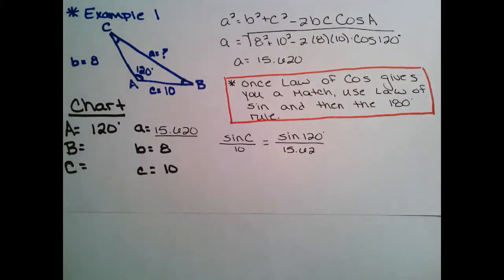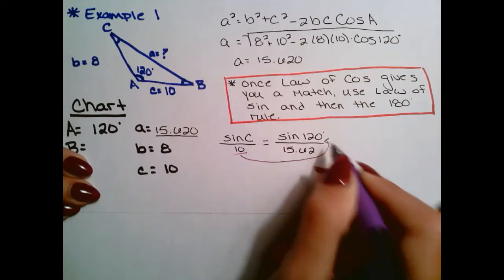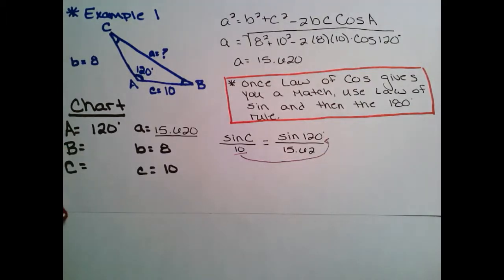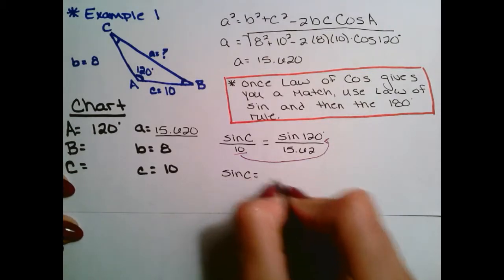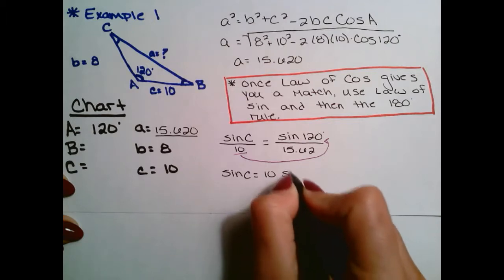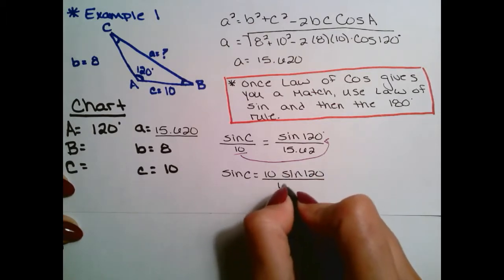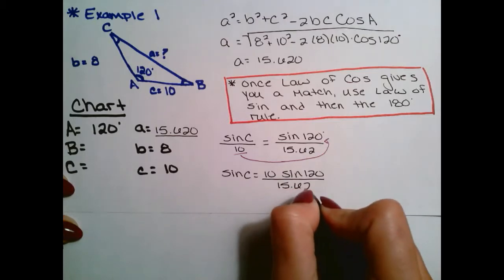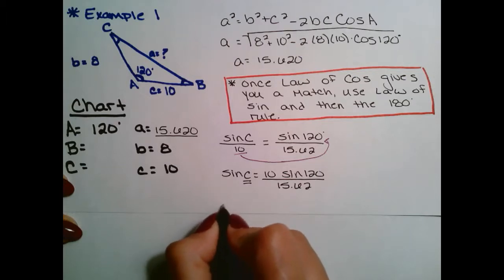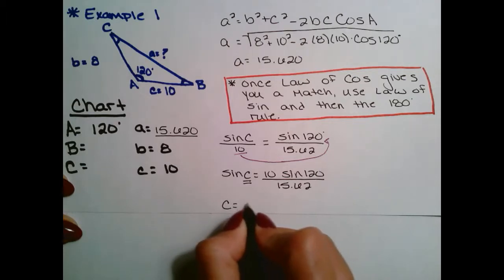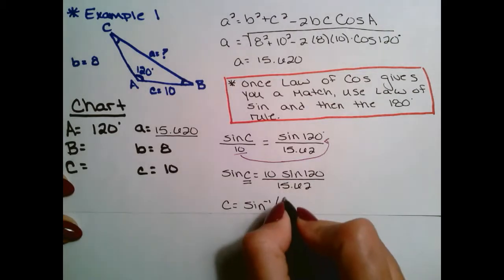So now let's move that 10 over. And we get sine of C is equal to 10 times sine of 120 divided by 15.62. And of course, we want to get the C by itself. So now we say that C is equal to the inverse sine of this fraction.